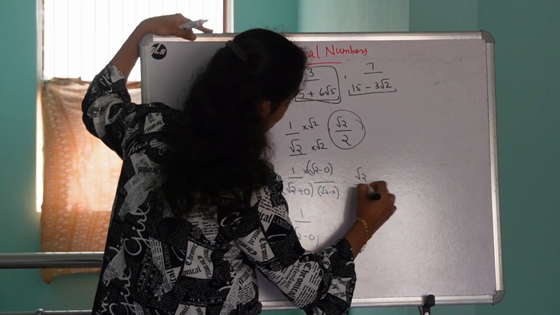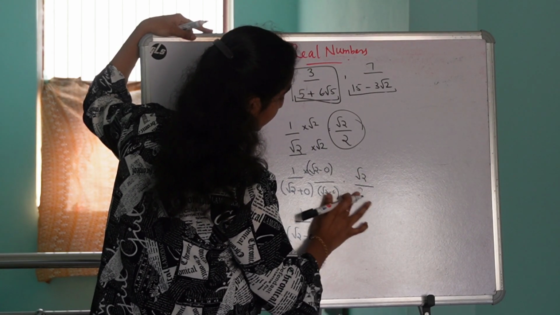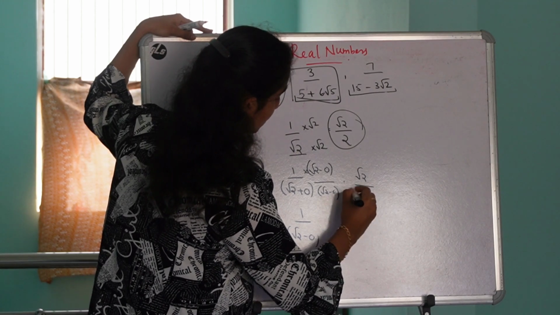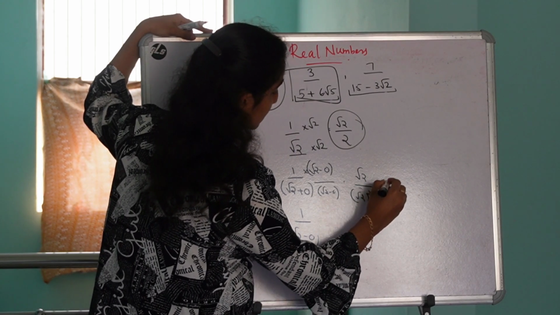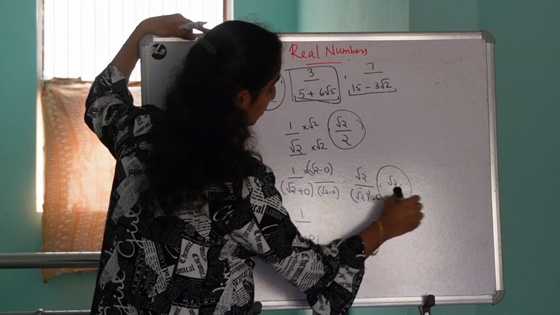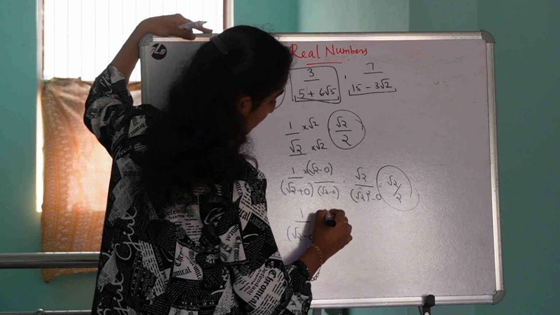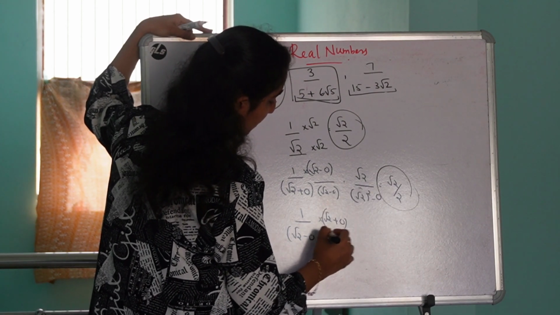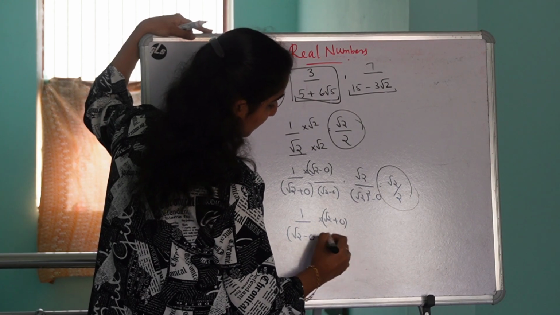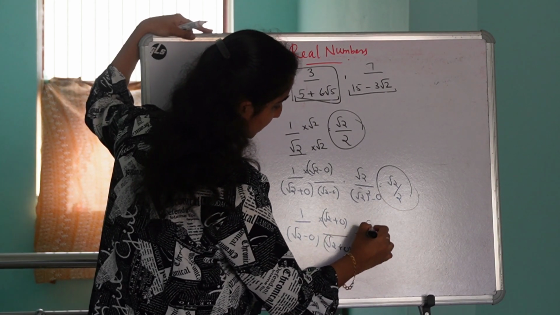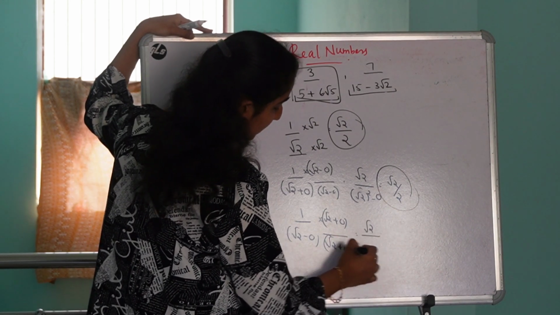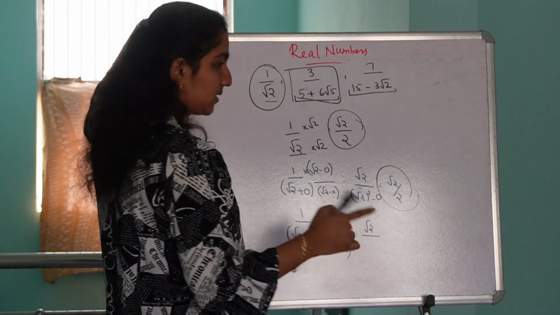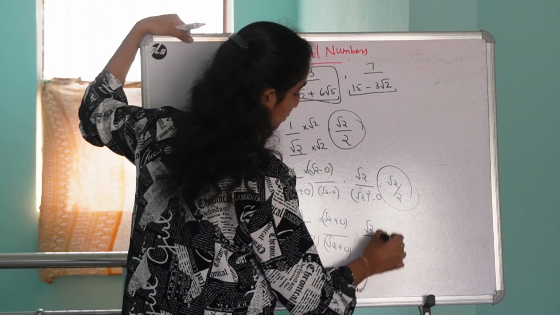Here I'll get root 2 in the numerator, and root 2 square minus 0 in the denominator, that is equal to root 2 by root 2. Similarly, multiplying by root 2 plus 0, in the numerator I'll get root 2, and in the denominator root 2 the whole square minus 0, that is equal to 2.